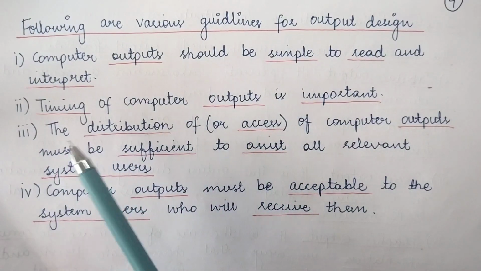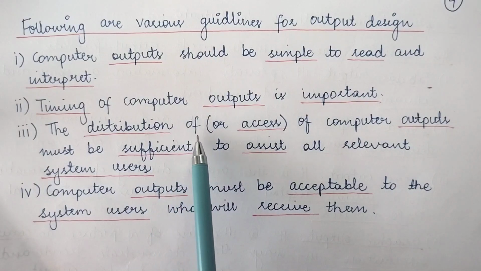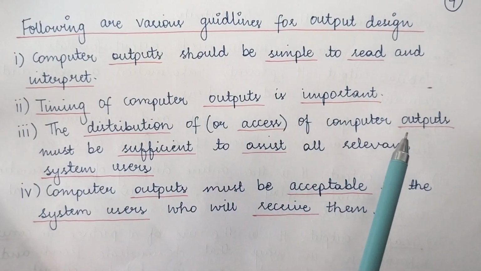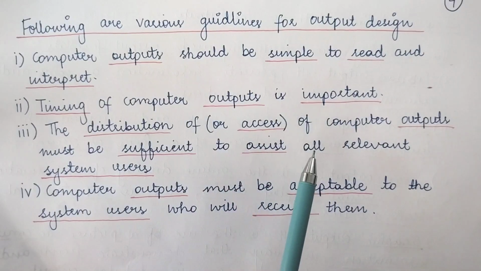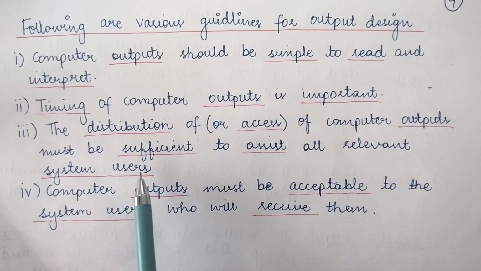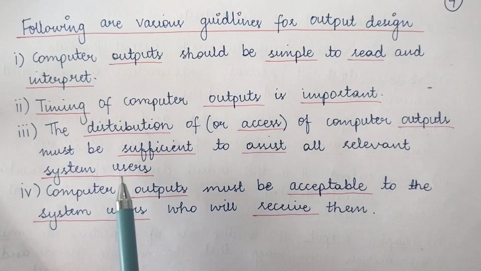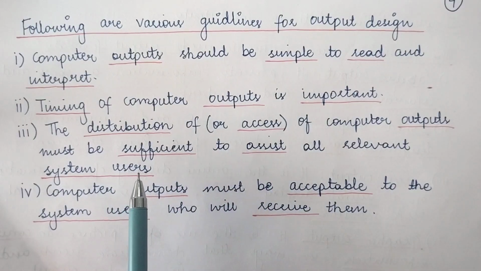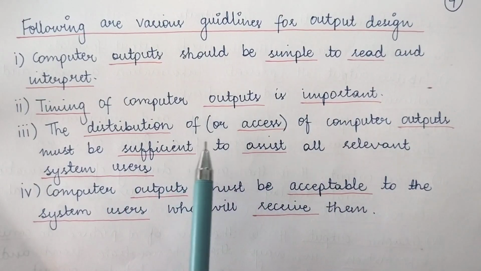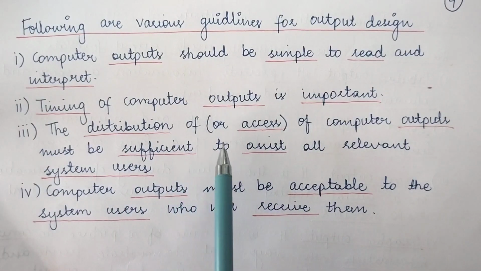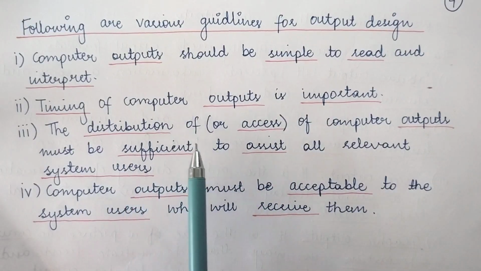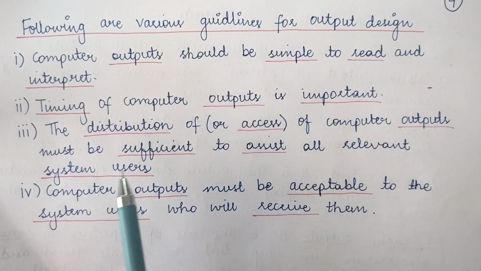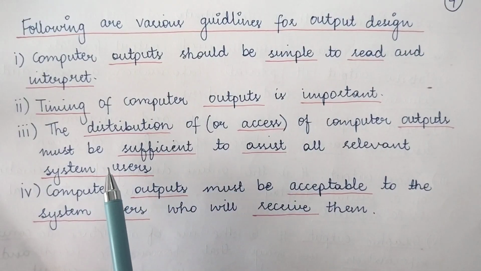The third guideline says that the distribution or access of computer outputs must be sufficient to assist all relevant system users. Whoever these system users are, whatever category they fall into, the distribution or access of outputs should be made available in such a manner that it is sufficient to assist all the relevant system users.